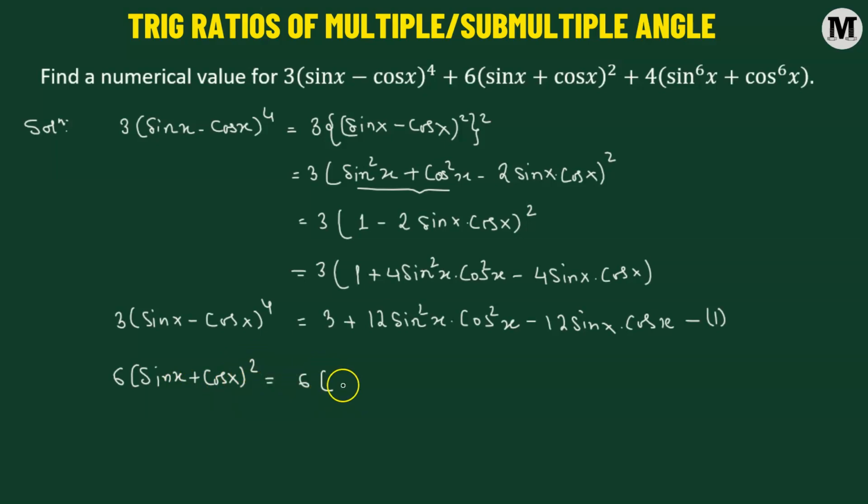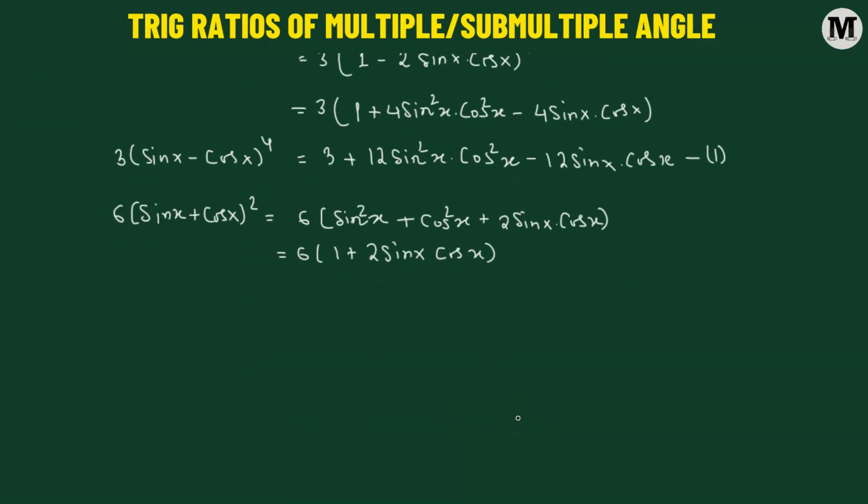That should give us 6 multiplied to sine squared x plus cosine squared x plus 2 times the product of sine of x times cosine of x, which will be equal to 6 multiplied to, so sine squared x plus cosine squared x, that will be 1. So we have 1 plus 2 times sine of x times cosine of x. Let's expand it. So expanding is going to give us 6 plus 12 times sine of x times cosine of x, and we're going to label this as number 2.